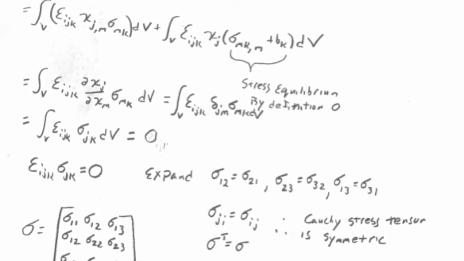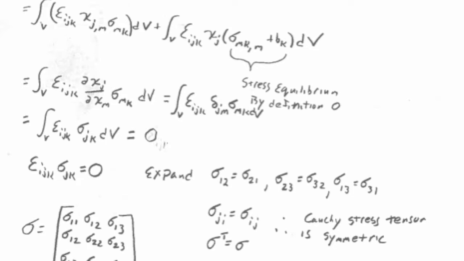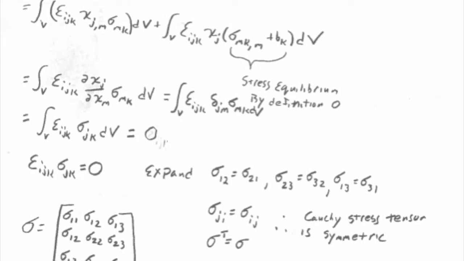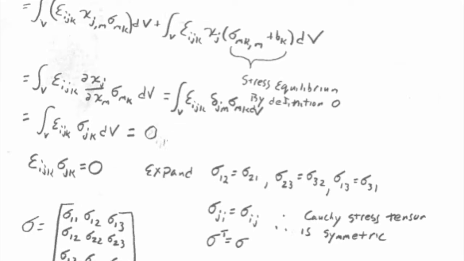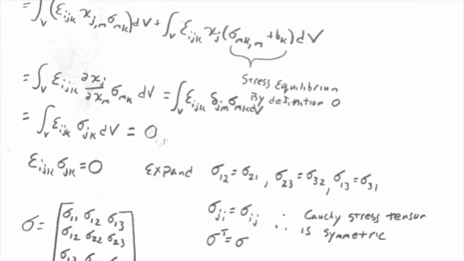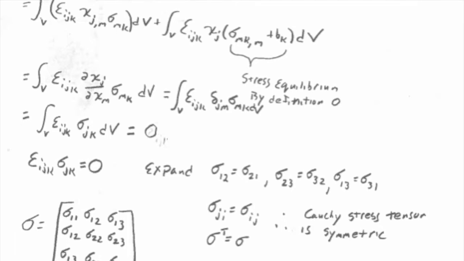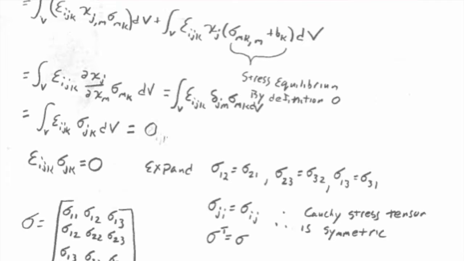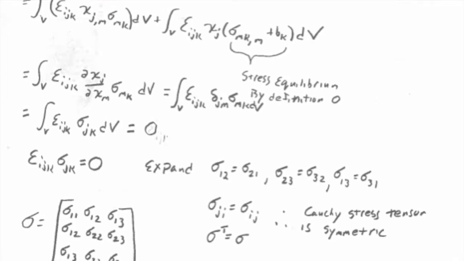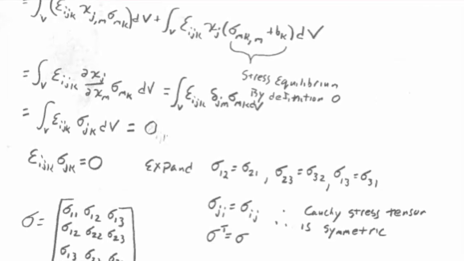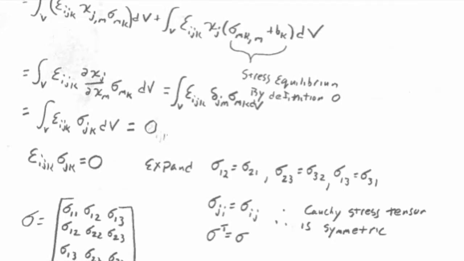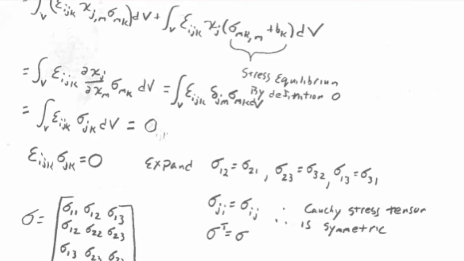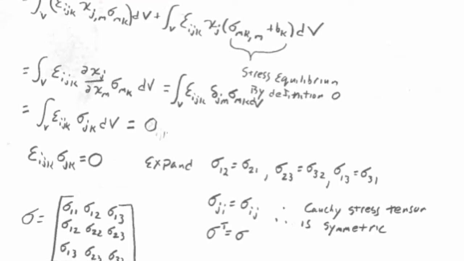All the off-diagonal component terms, let's pick 1,2. Anything with a 1 or a 2 in it is going to go away. So for 1,2, the only term that survives is this. And we have epsilon_312 sigma_12 plus epsilon_321 sigma_21, which gives us that sigma_12 minus sigma_21 equals 0, or sigma_12 equals sigma_21.